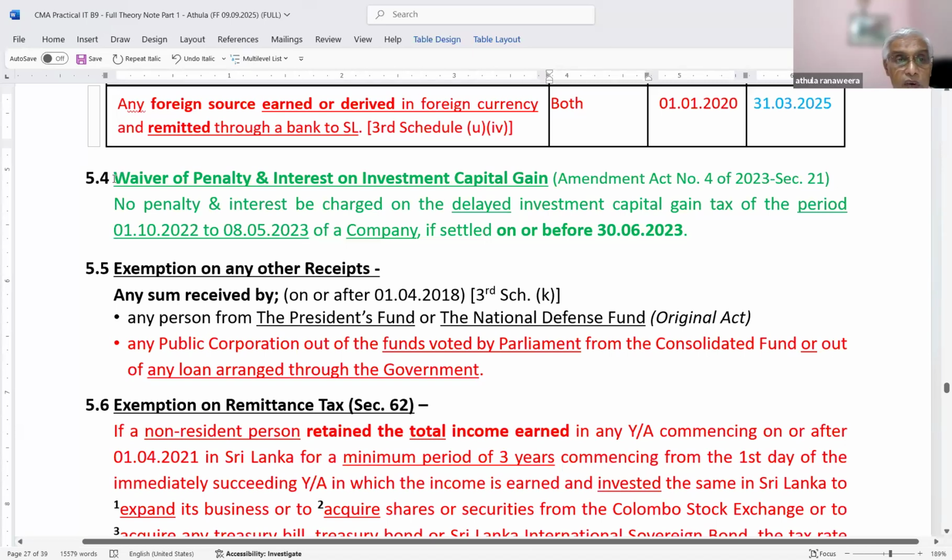Then there's item 5.4, waiver of penalty and interest on investment capital gains. No penalty and interest will be charged on delayed investment capital gain tax for the period from 1st October 22 to 8 May 23 of a company if settled on or before 30th June 23. Because the government delayed to legalize the law.